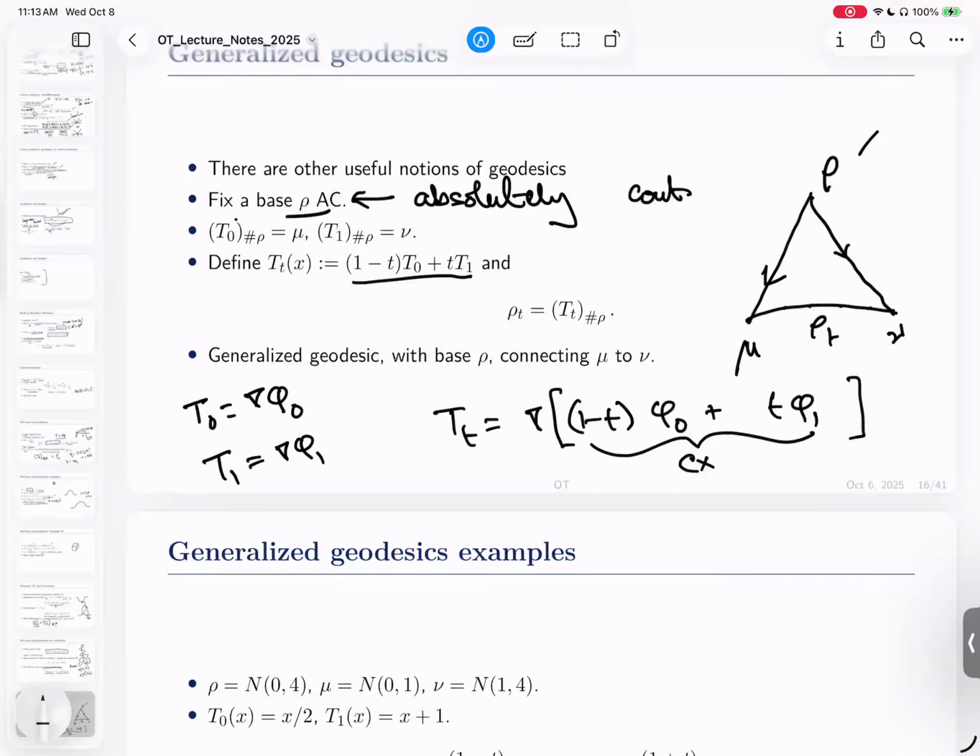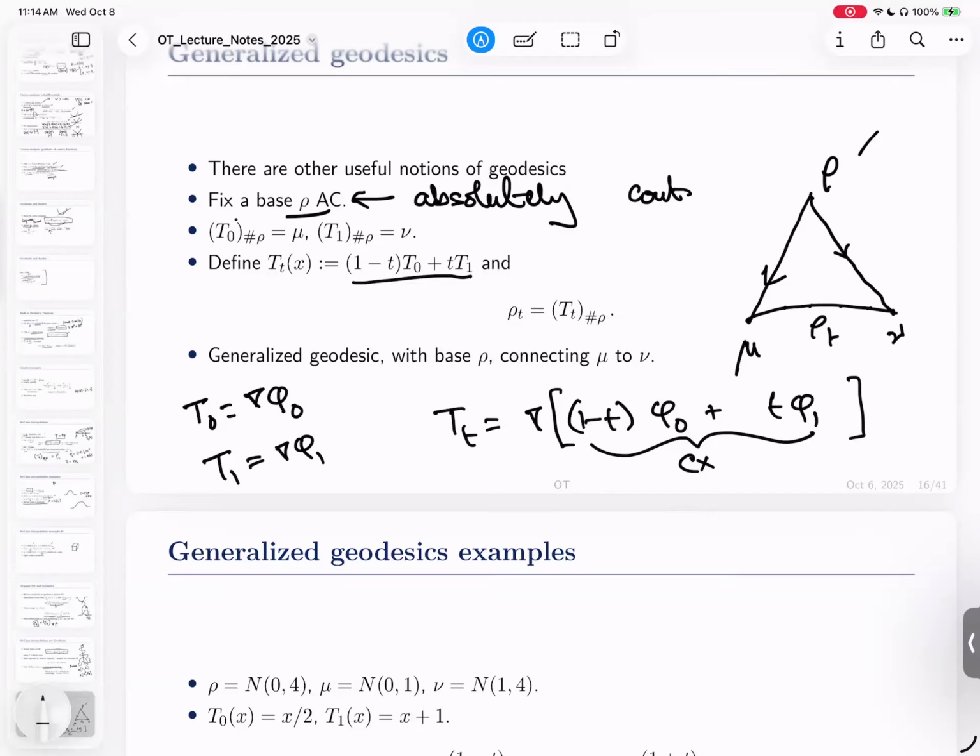Good. So again, nothing crazy is happening. We are just drawing curves from one point mu to another point nu. Sometimes I just follow the McCann interpolation. Sometimes I have a third point rho, and then I will draw these curves. So they should be thought of as drawing straight lines, depending on the context.